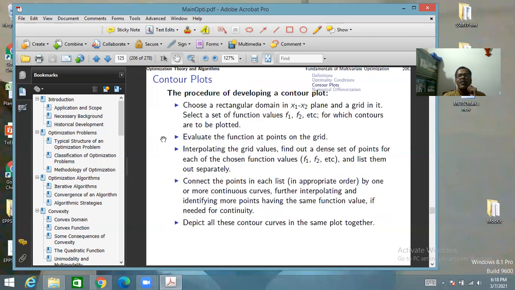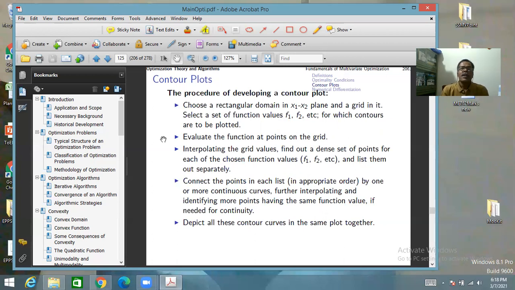The procedure is that first of all, you choose a rectangular domain in the x1 x2 plane in which you are interested in the contour, and decide on a grid on it. That is, the x1 coordinate, small steps, x2 coordinate also small steps. So basically, a grid of points you have got on that rectangular domain.